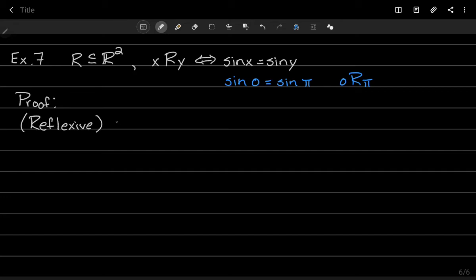Okay, so we need to take an arbitrary real number, x an element of the real numbers. Well, then sine of x equals sine of x. That's kind of duh. All right, so x is related to itself.